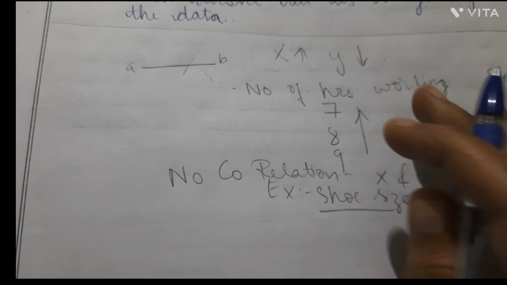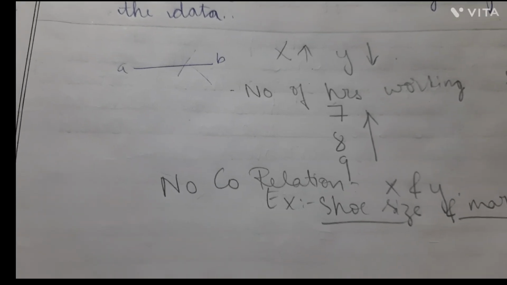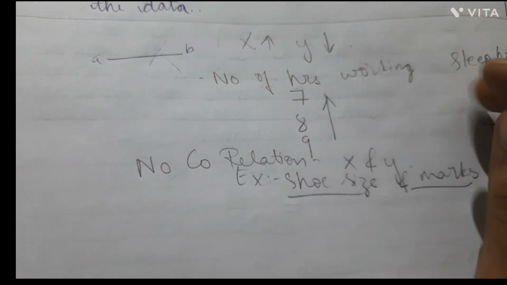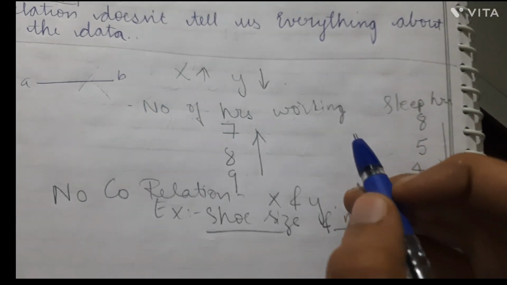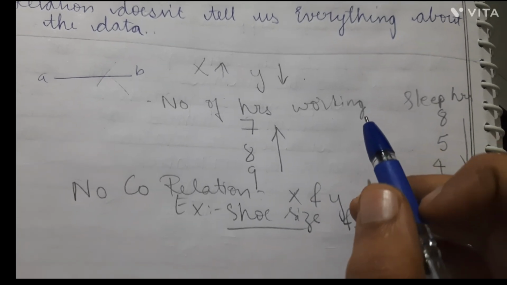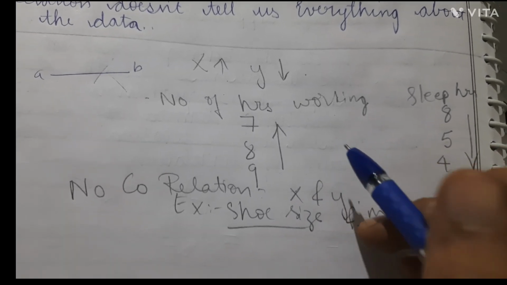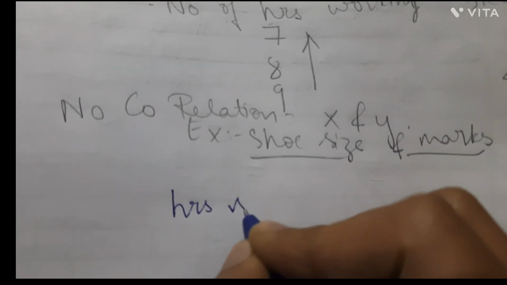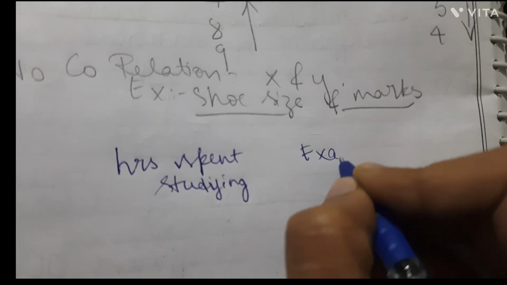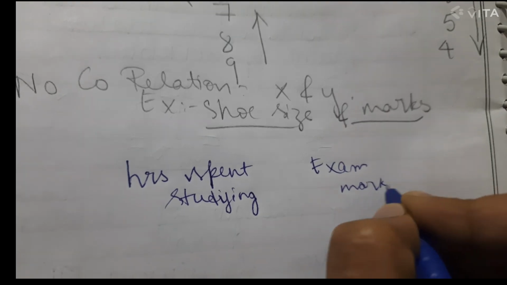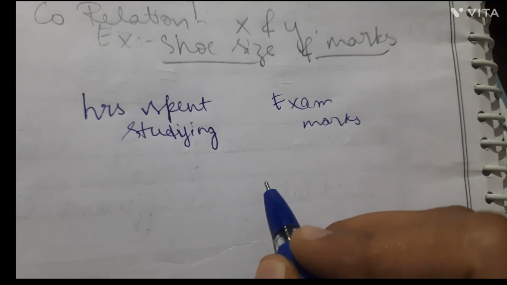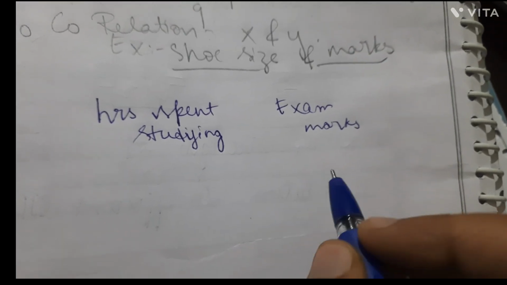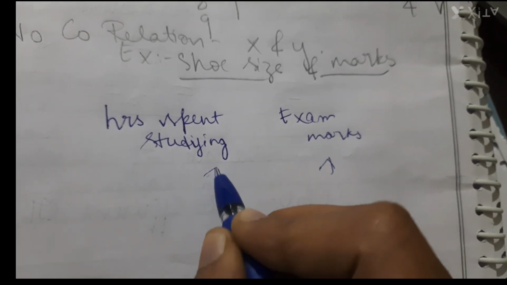A simple real life example can be, suppose we study the relationship between hours spent studying and exam marks. Here we may find a high positive correlation, which means marks generally increase with the study hours.